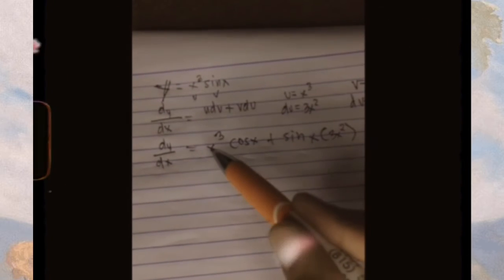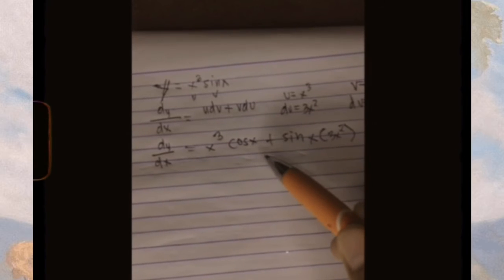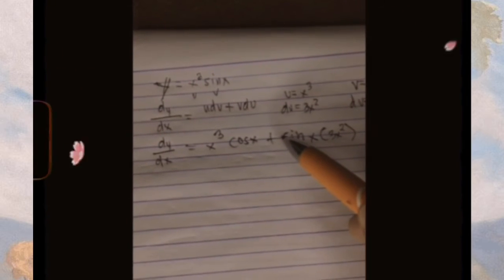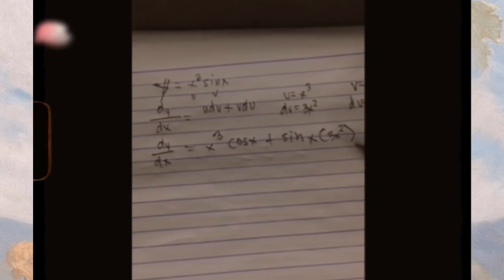So our first derivative is x cubed cosine x plus 3x squared times sine x.